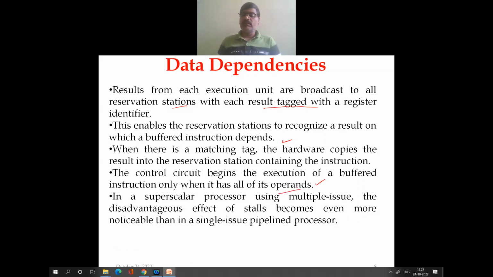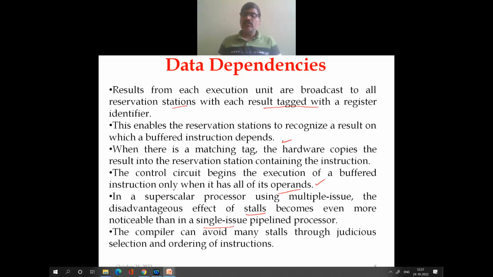In a superscalar processor using multiple issues, the disadvantageous effect of stalls becomes even more noticeable than in a single issue pipeline processor. The compiler can avoid many stalls through judicious selection and ordering of instructions.